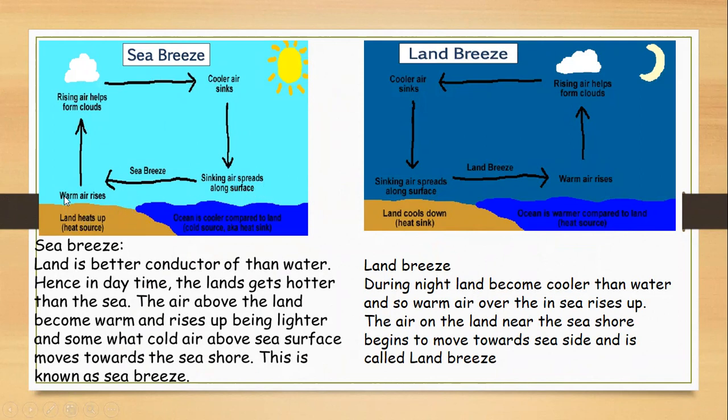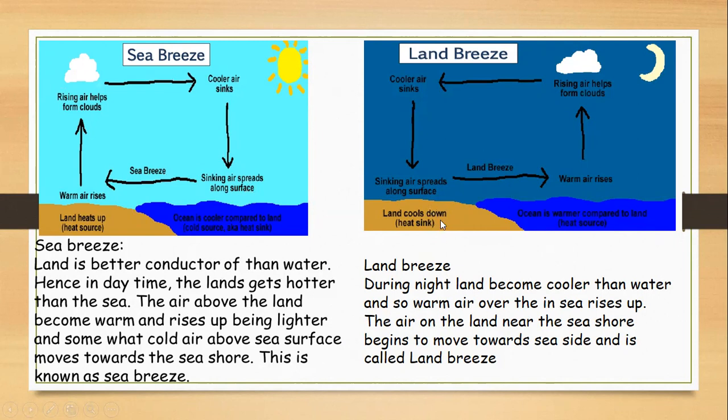It rushes in to take its place, and that's how the convection current is formed. And the hot air when it rises, cools down, becomes more dense and sinks again.